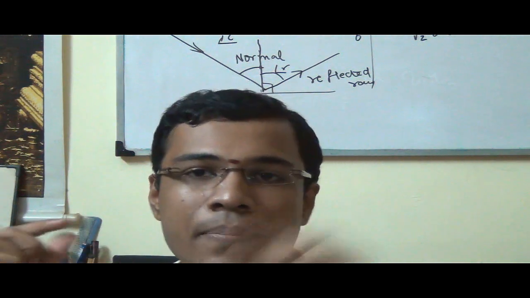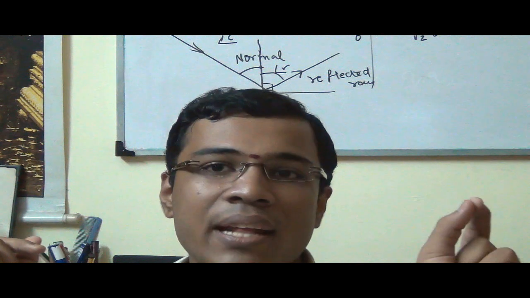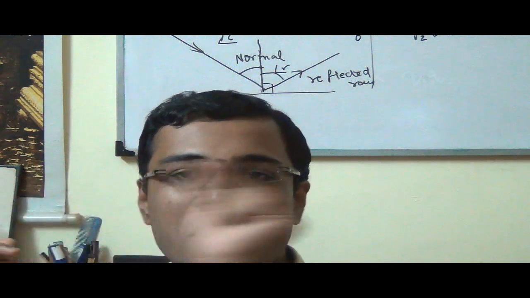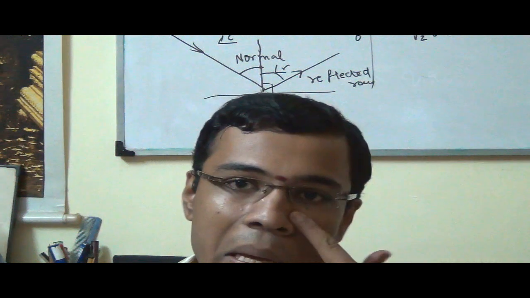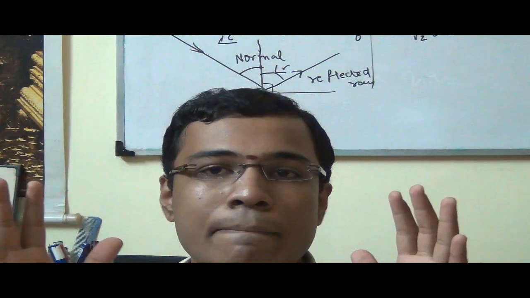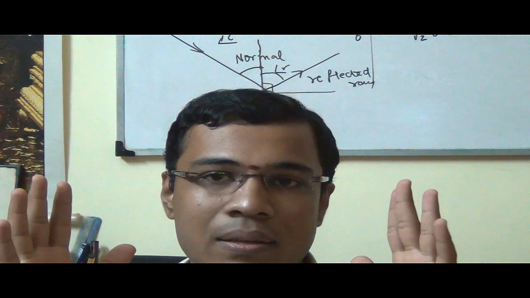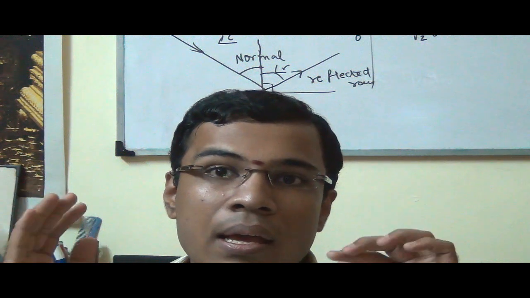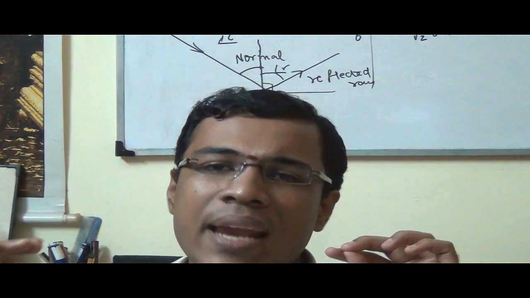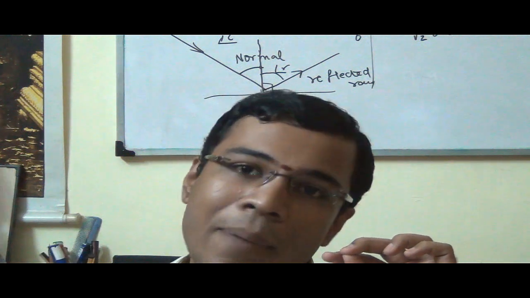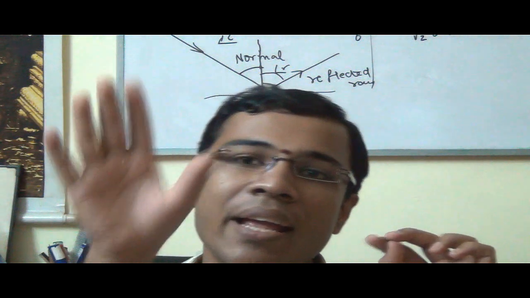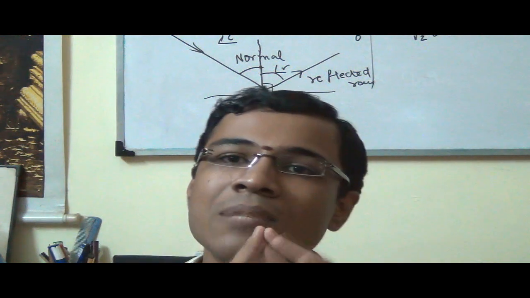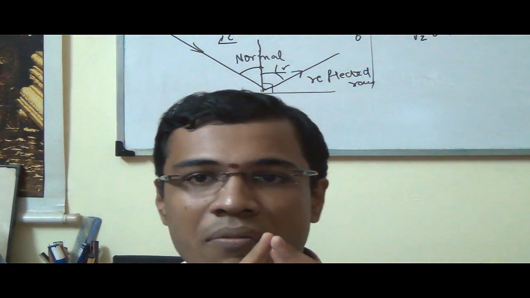I am again repeating: if you draw a line joining the center of the mirror and the center of curvature, you will get a line. The principal focus is a point where all the rays of light that are parallel to this line meet after getting reflected. That is called the principal focus of a spherical mirror.